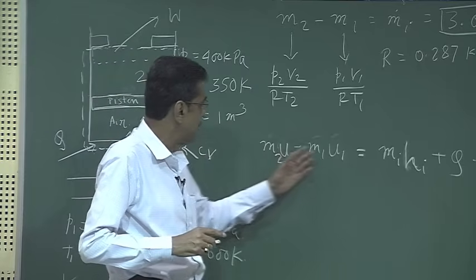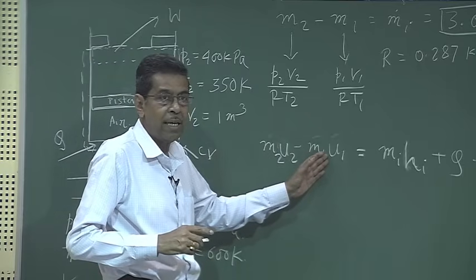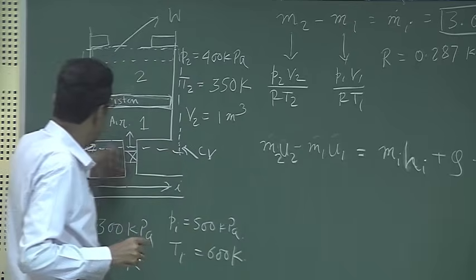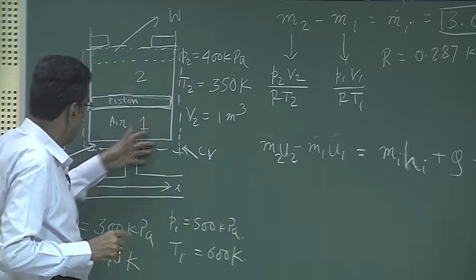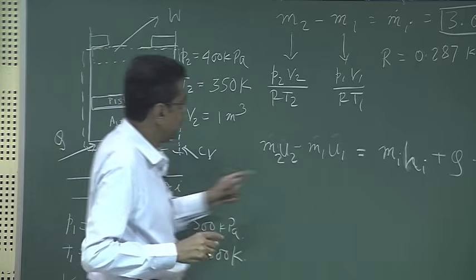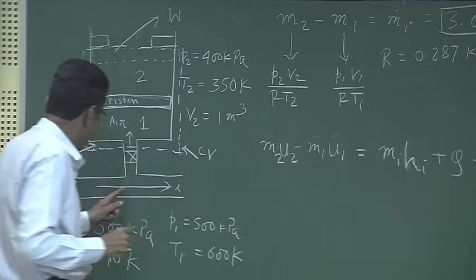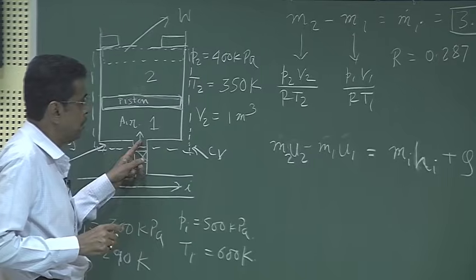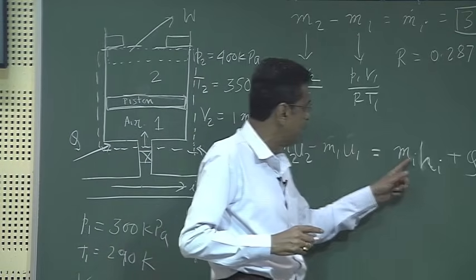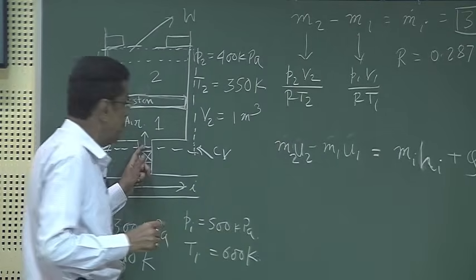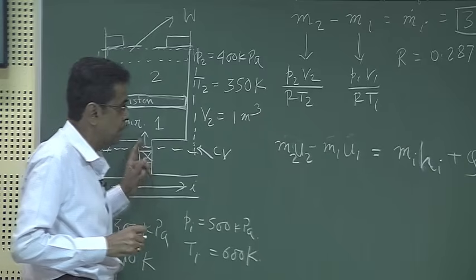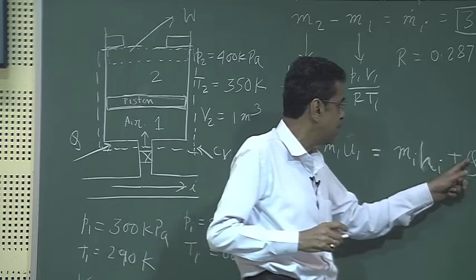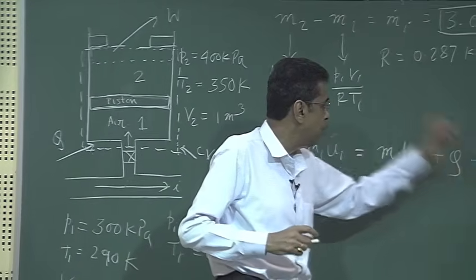This is the rise in the internal energy of the control volume, that means the internal energy of the tank. This equals the mass which has entered, Mi, associated with its energy, which is enthalpy, because internal energy plus the flow work, and we neglect the kinetic energy and potential energy, plus the heat received and the work done.